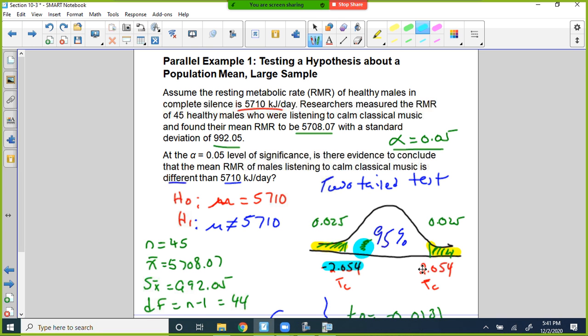These are the T criticals here, the negative 2.054. That's the inverse T that I did on the calculator with second distribution, which is distribution, number 4. That's an inverse T. If you have the area underneath the curve, you can find out what its T value is very quickly by doing the inverse of it.